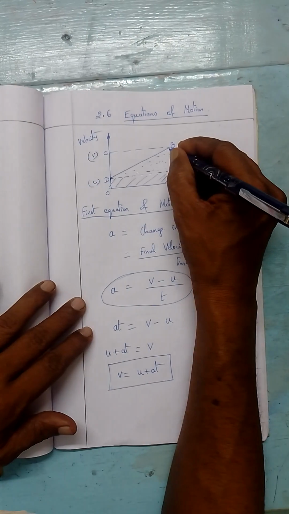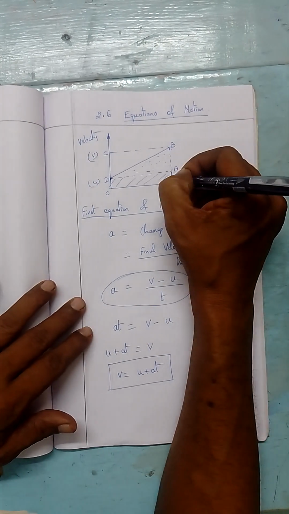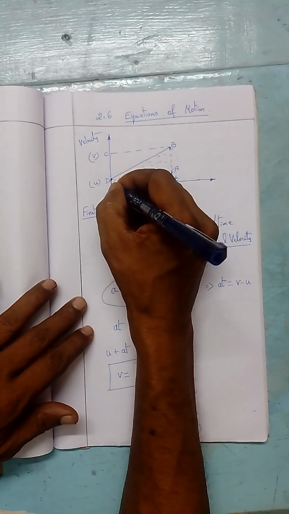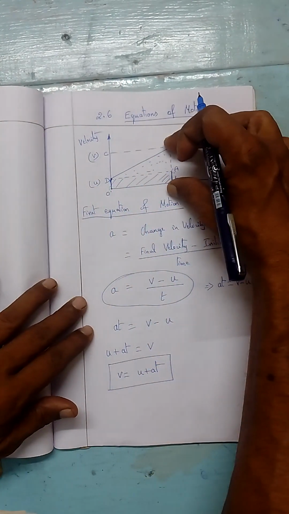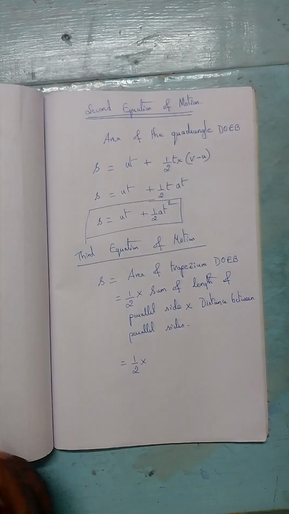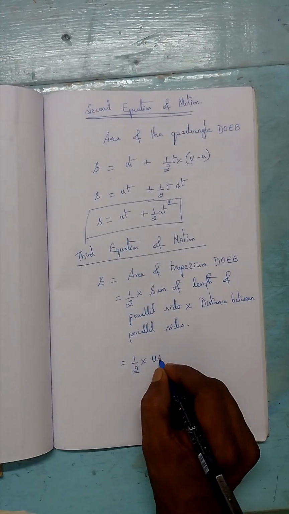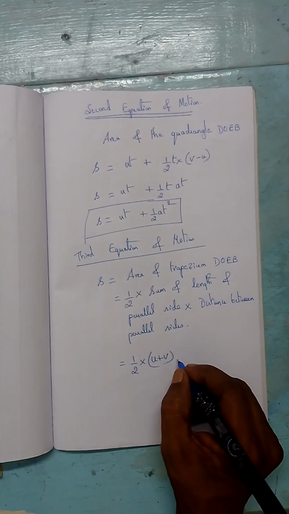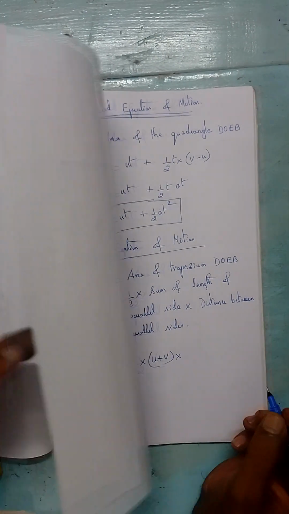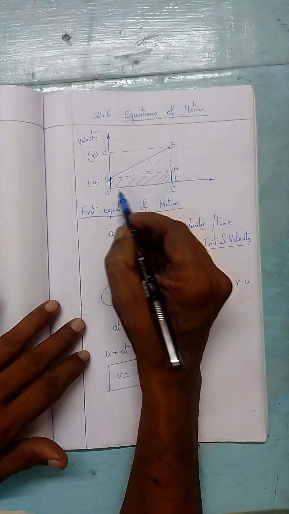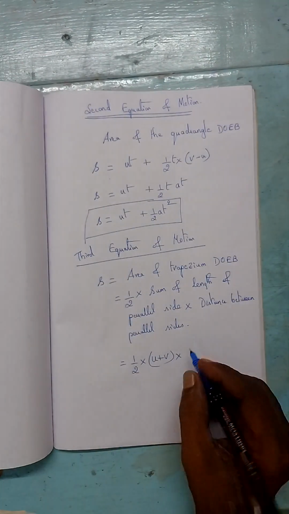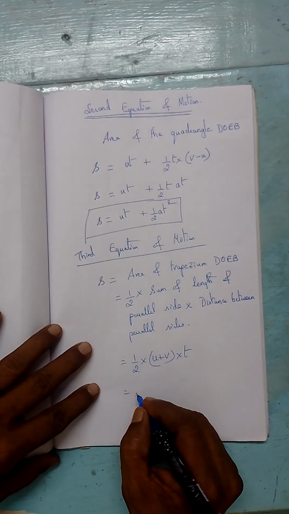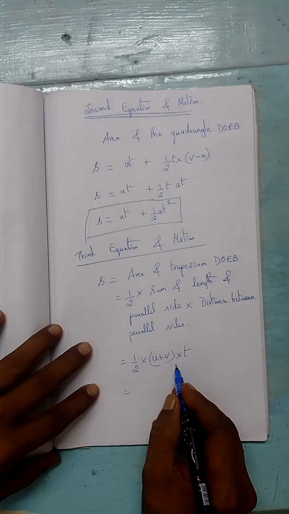This is the parallel side: AB E is one side and DO is another side. So for the sum, this distance is u and this distance is v, so you have to add u plus v. The distance between the parallel sides is nothing but t, so we put t. Now you will have half into (u plus v) into t.